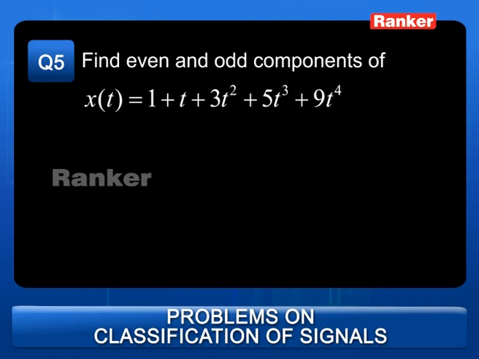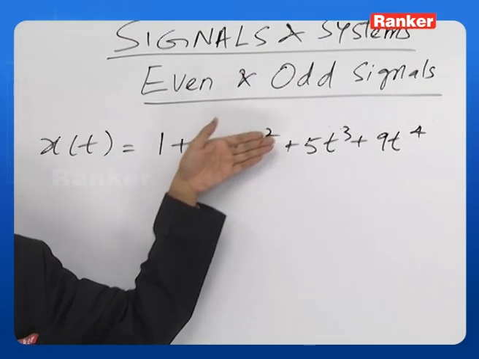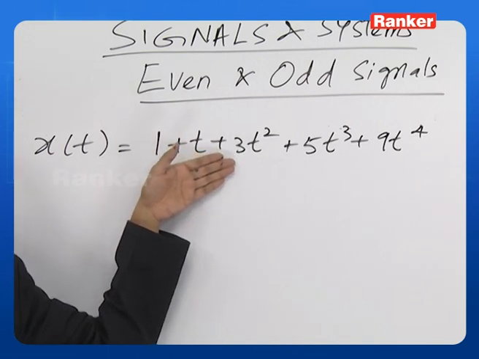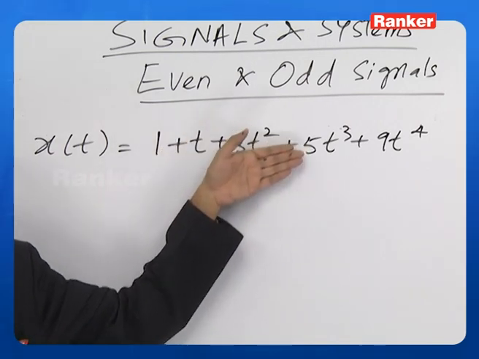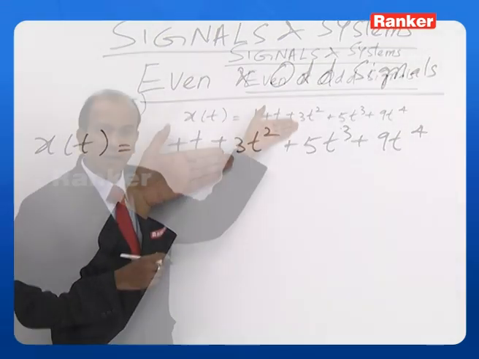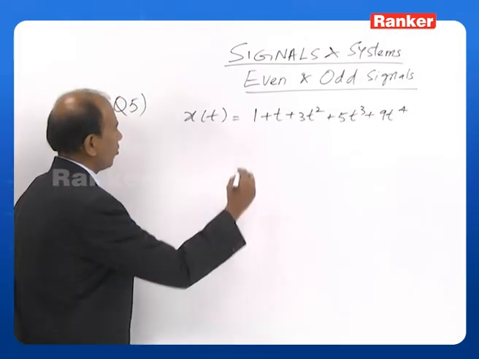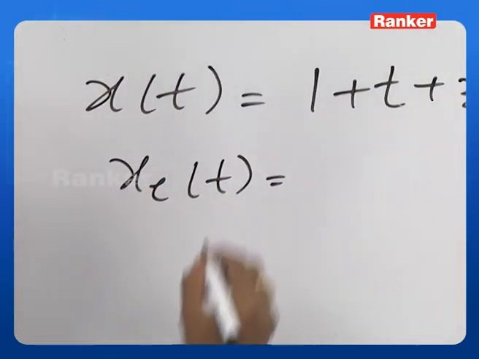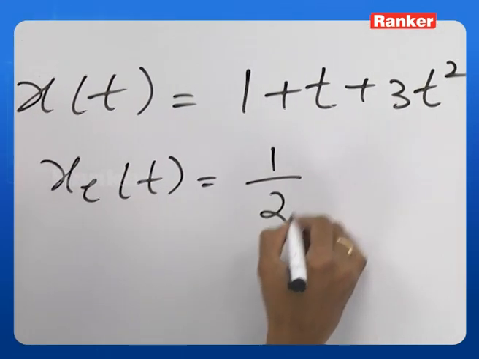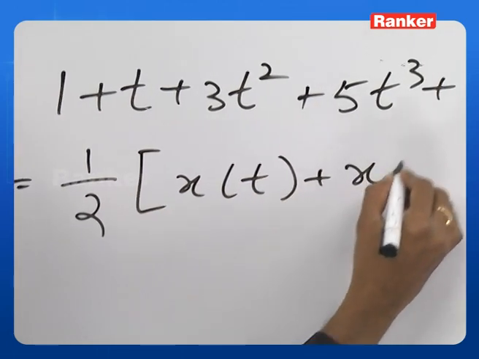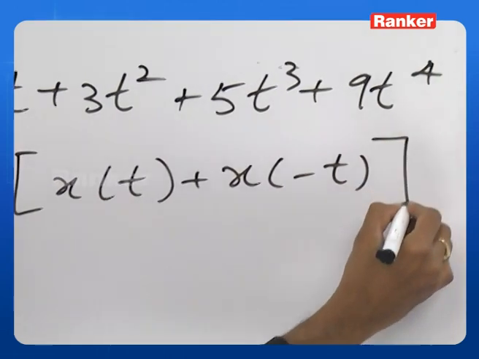We have to calculate what are the different even components present in this signal, and which are odd in this signal. Okay. So, let us again start calculating with the even signal. Now, x e of t is equal to half of x of t plus x of minus t.